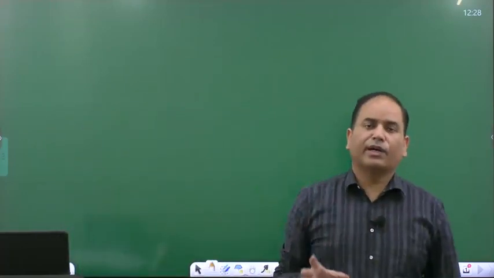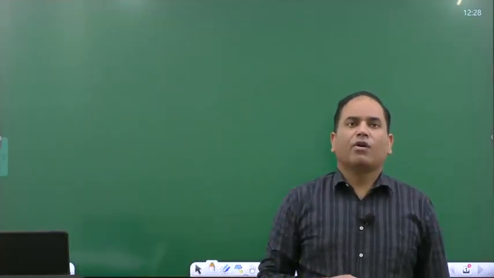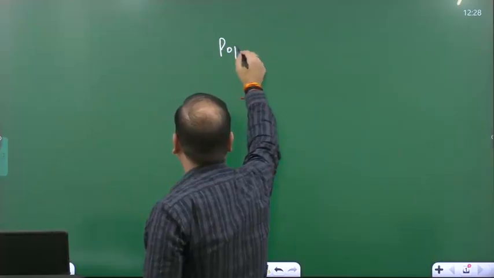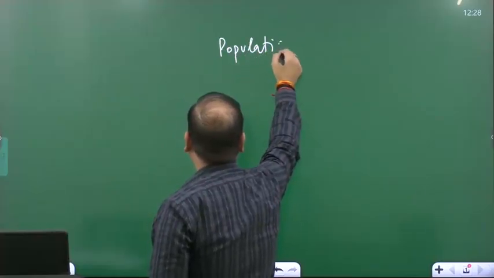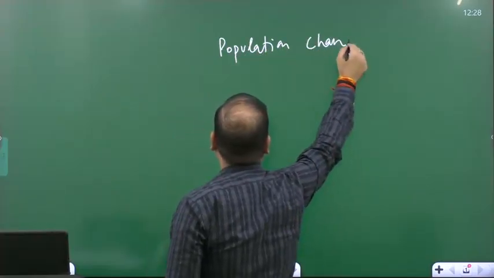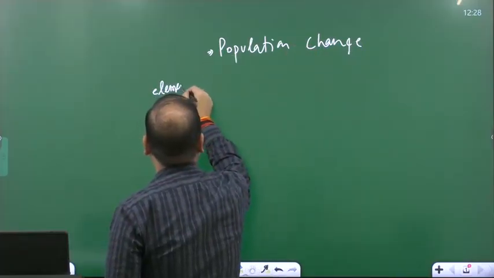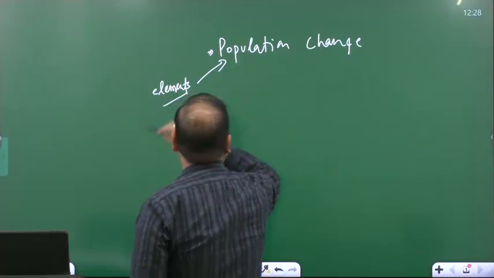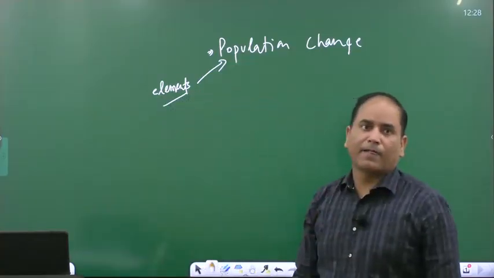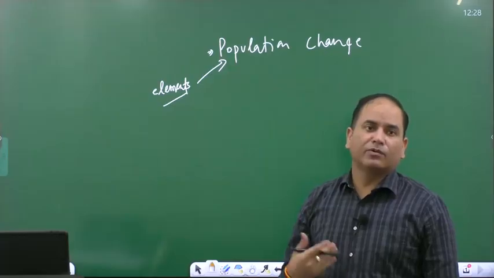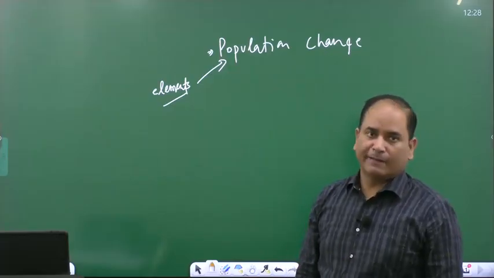Two demographic attributes you need to know, and I will sensitize you. When it comes to population change, I think in the last class also I must have told you, what are the main elements through which population changes? So what are the three elements through which population changes?